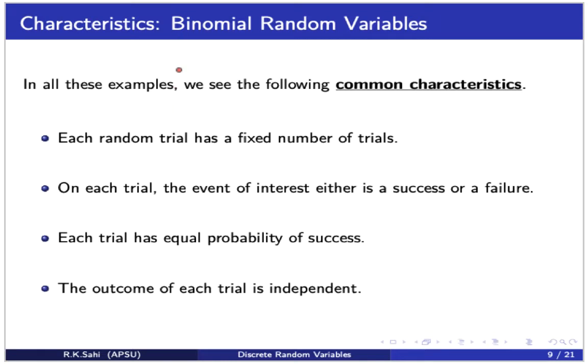What we noticed in these examples was that every time we conducted an experiment, there was a fixed number of trials. For example, when we flipped a coin, how many times did you flip? 10. When you're looking at the number of correct guesses in a true-false scenario, how many questions did the person have to guess? 20.